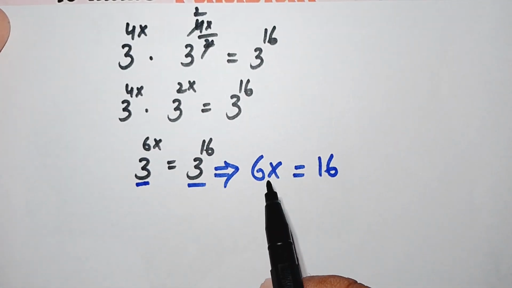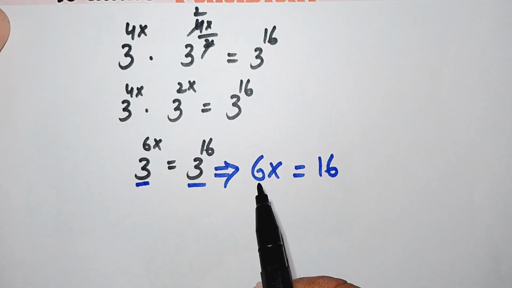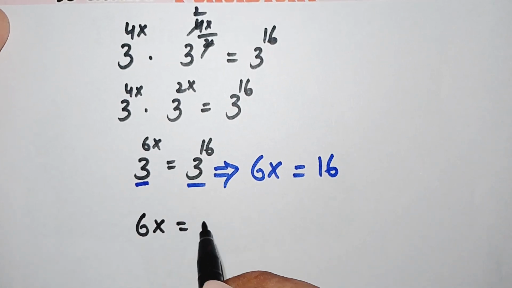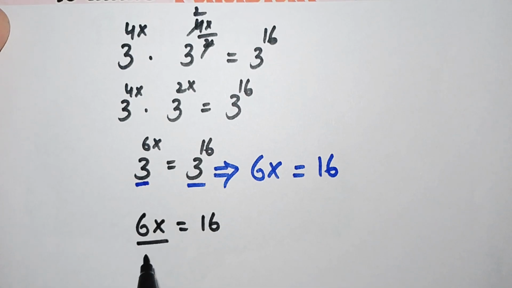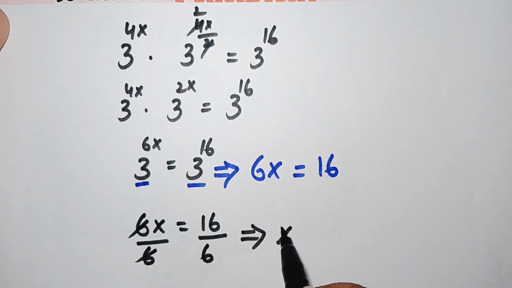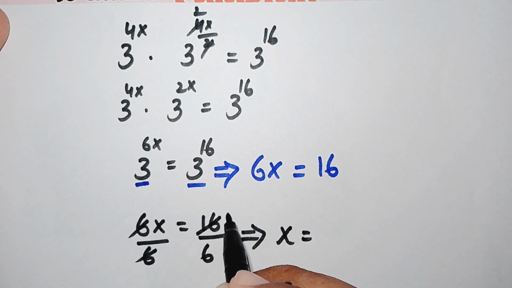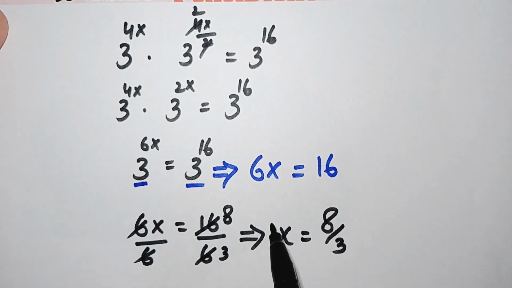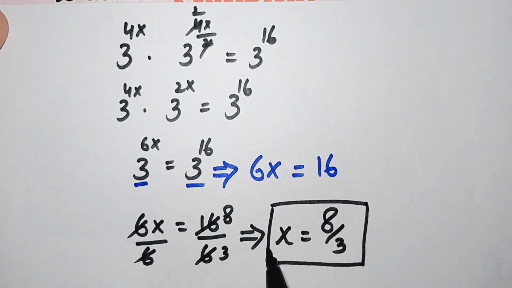Now to find the value of x, we have to divide both sides by 6. So 6x is equal to 16, here this side divided by 6 and also this side divided by 6, this 6 cancels with this 6, and x is left, which is equal to, we have to simplify this, so here 8 times 2 is equal to 16 and 3 times 2 is equal to 6, so this will become 8 divided by 3, and this is the final solution and answer of this interesting question.